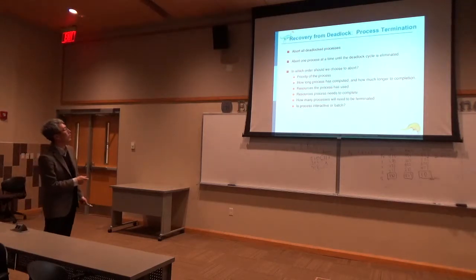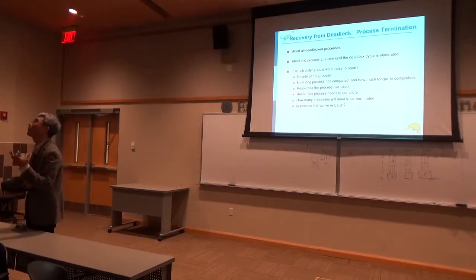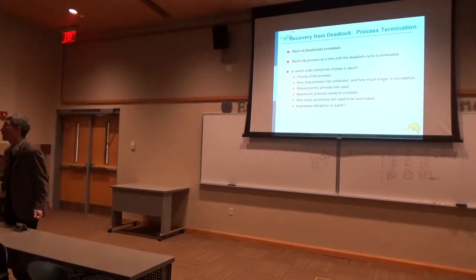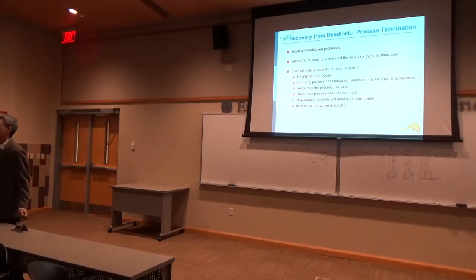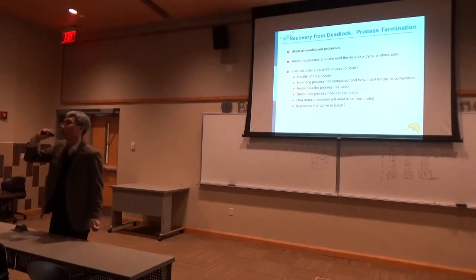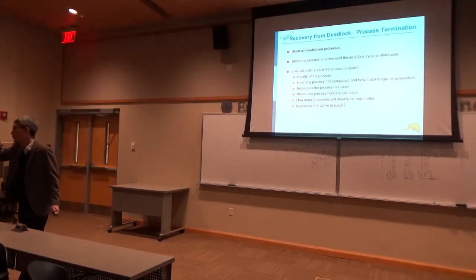So when we decide the victim, we can consider such a priority, depending on what the priority is. For example, in CPU scheduling, we have seen that many operating systems, including Windows, use a priority number, nice number. It's the same thing.